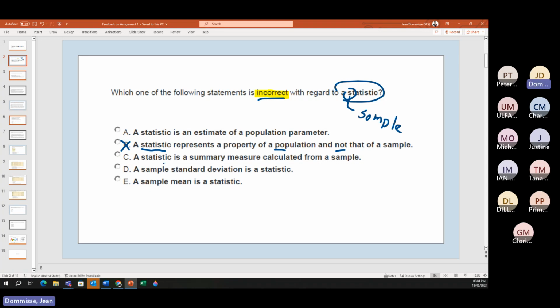A statistic is a summary measurement calculated for a sample. That is correct. A sample standard deviation is a statistic. That is correct. A sample mean is a statistic. That is correct. A statistic is an estimate of a population parameter.